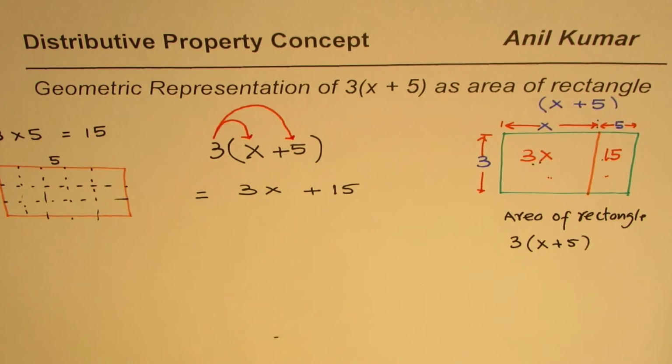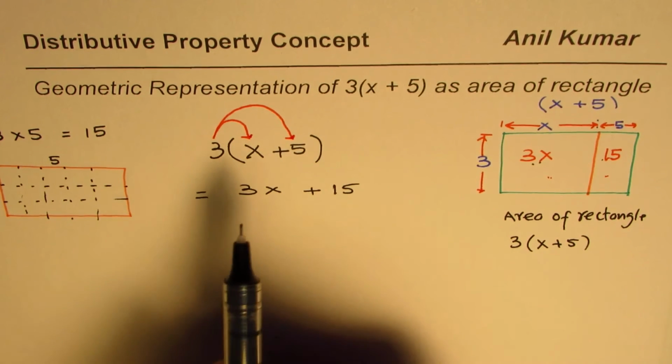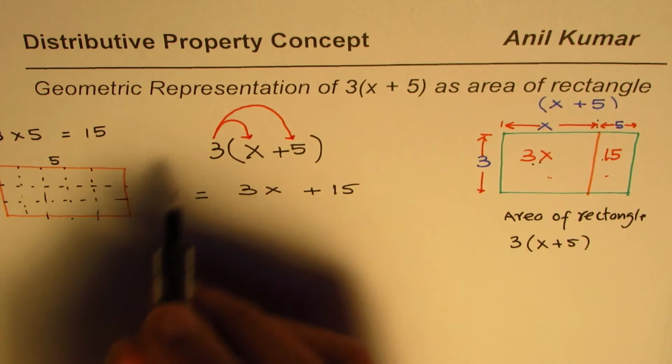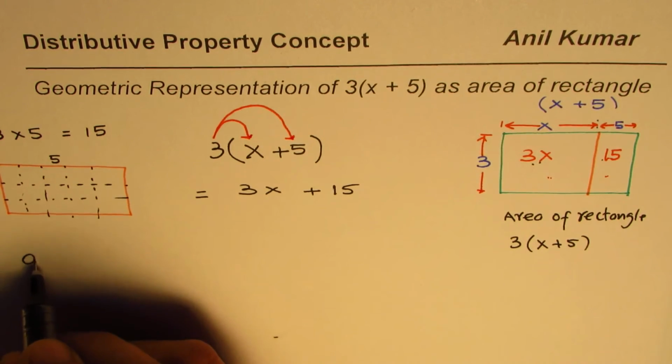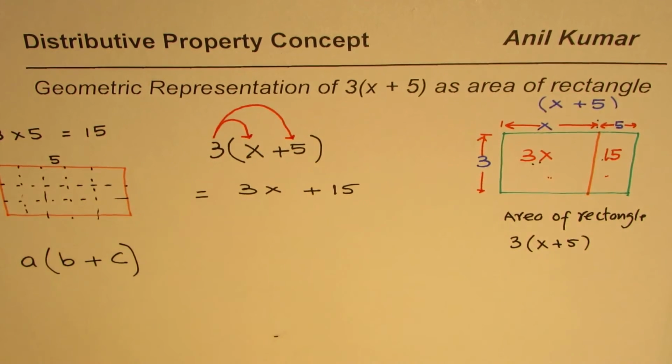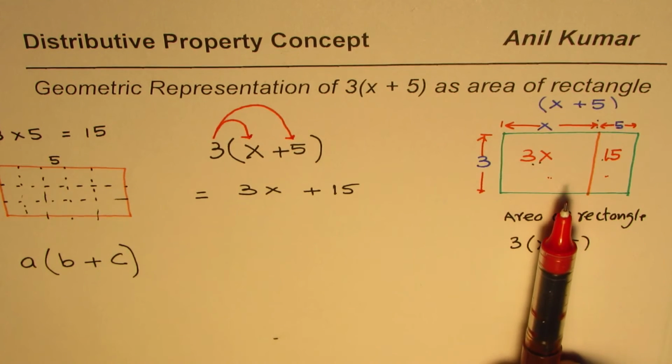Now let me take a very general case, that is to say, instead of a number 3 here, let me take a variable. Let's say we have a times b plus c, right? We'll again make the same model of our rectangle.